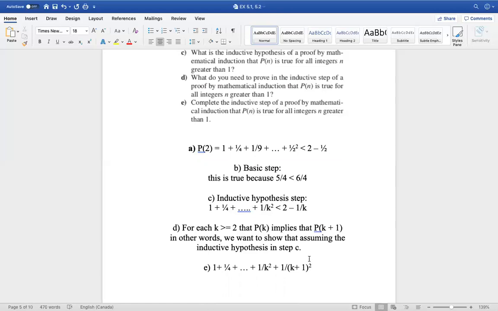Now this one is less than 2 minus 1 over k, plus 1 over this extra step here.